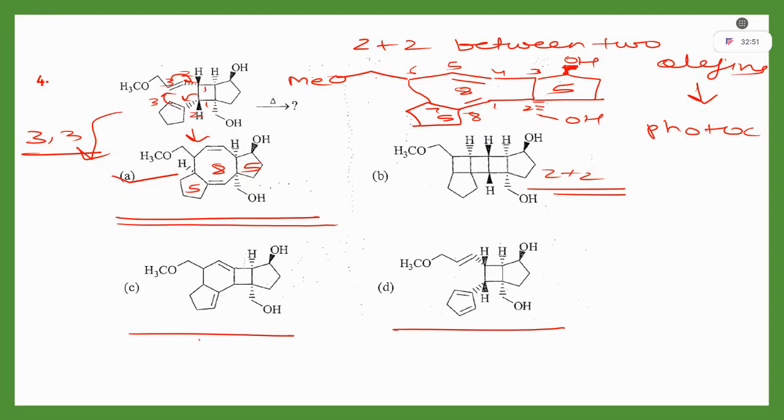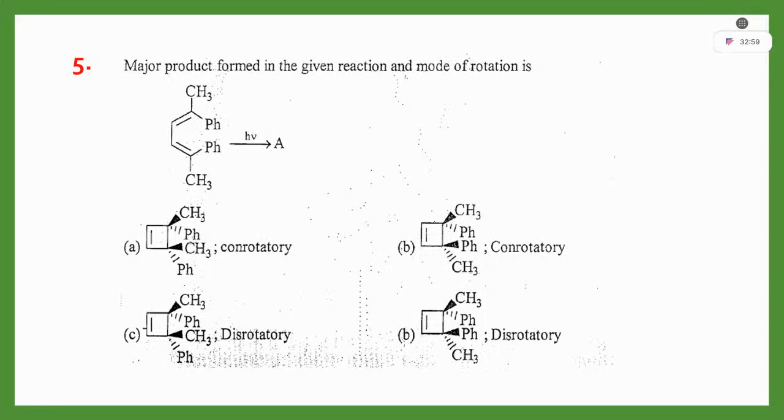Which rearrangement can lead to option number C and D. Okay. Let's move to next question. Major product formed in the given reaction and mode of rotation is. So Aarti, before solving this question, tell me which type of system it is, 4n or 4n plus 2?